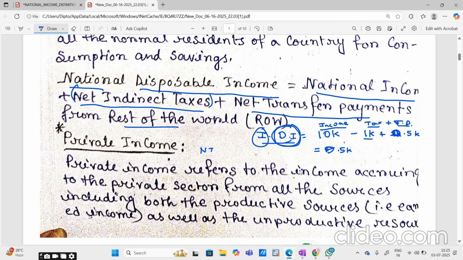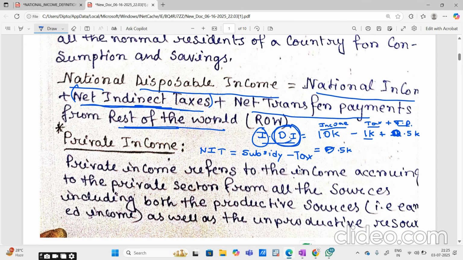Net indirect tax is basically subsidy minus tax. So just put subsidy minus tax in place of net indirect tax, and you will get an idea that it is national income plus subsidy minus tax plus net transfer payment from the rest of the world.